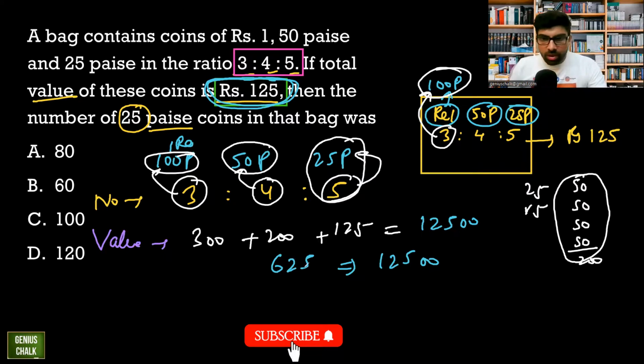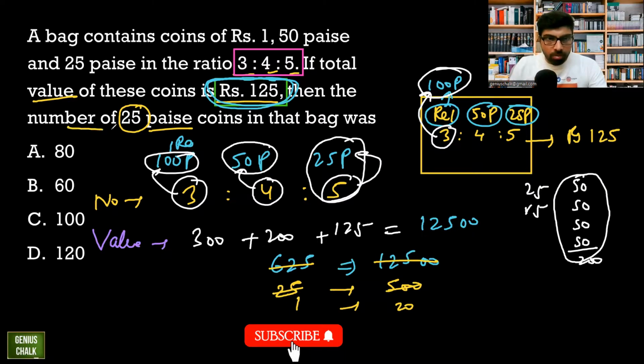So 625 units is equal to 12500. So 25 units is equal to this much, and 1 unit will be equal to 20.